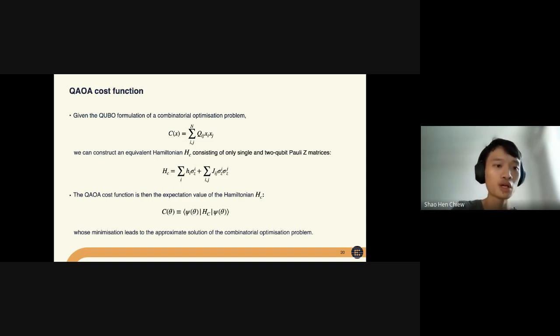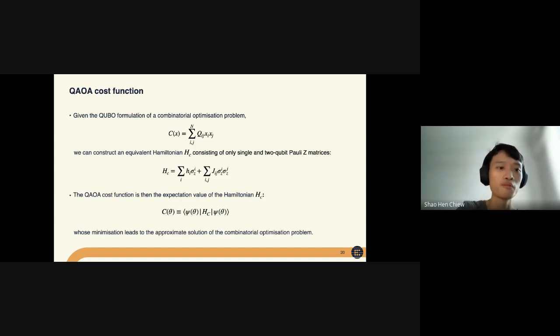So in fact, you can quite easily construct a Hamiltonian consisting of only single and 2-qubit Pauli Z terms, or something that looks like this explicitly.